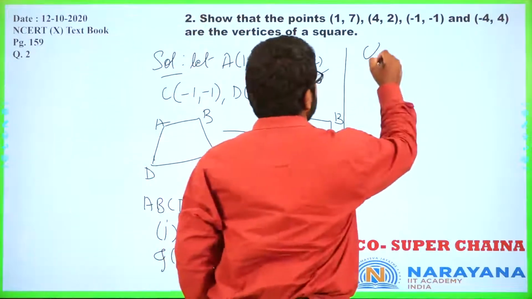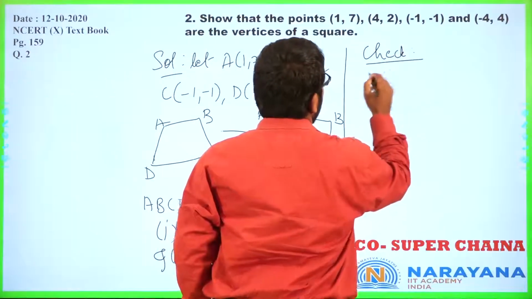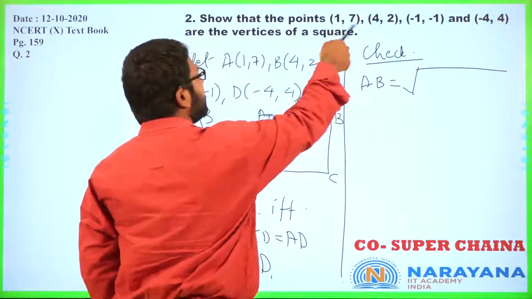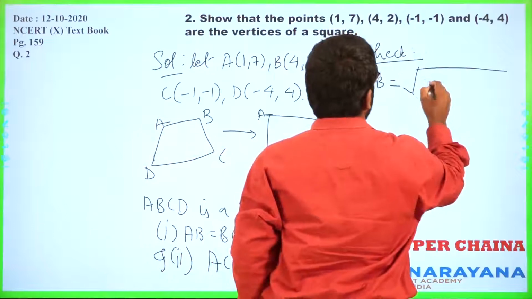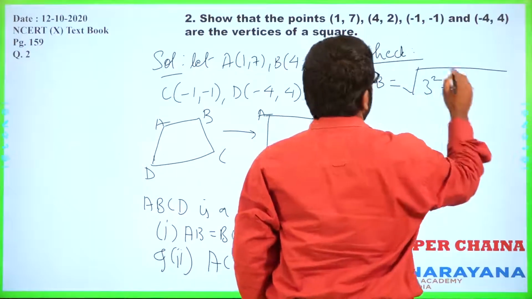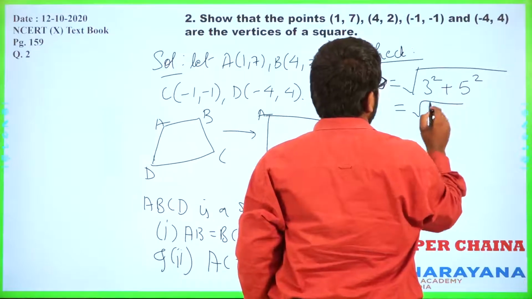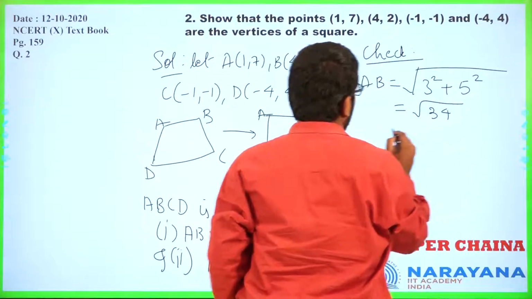So, we are going to check AB. Root of, we can now directly just do this, subtract and square. So, 4 minus 1, 3 square plus 7 minus 2, 5 square, which is under root 9 plus 25, 34.